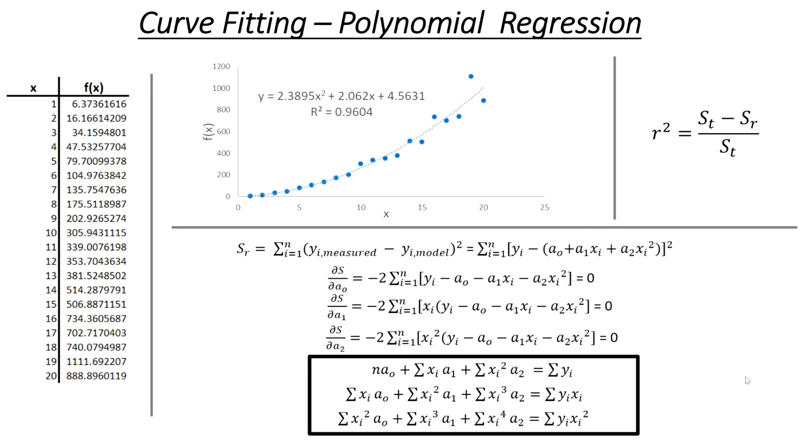When creating the matrix for a third order polynomial, the only thing that's going to be different is that we have a3 now and xi to the third, and there's going to be another derivative in terms of a3, so we're going to have a fourth equation. So we're going to have four unknowns, a0, a1, a2, and a3, and now we're fitting a cubic. And you can do this for a fourth order polynomial and a fifth, and so on.